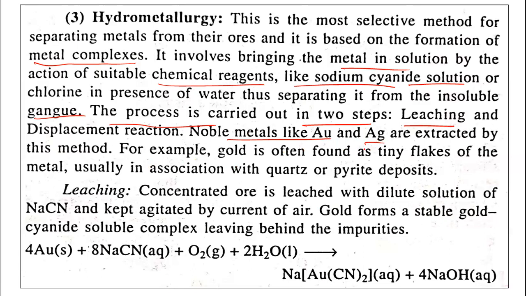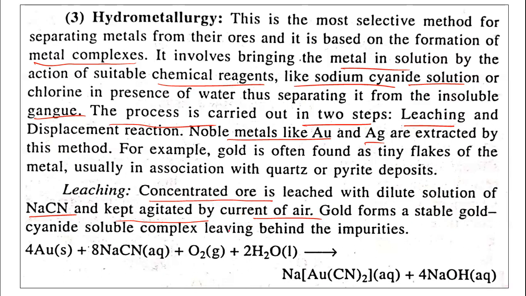Now the gold is found in the form of teeny flakes of the metal. So in the leaching process, what happens there? The concentrated ore is leached with a dilute solution of sodium cyanide and kept agitated, meaning stirred continuously by passing air through it.